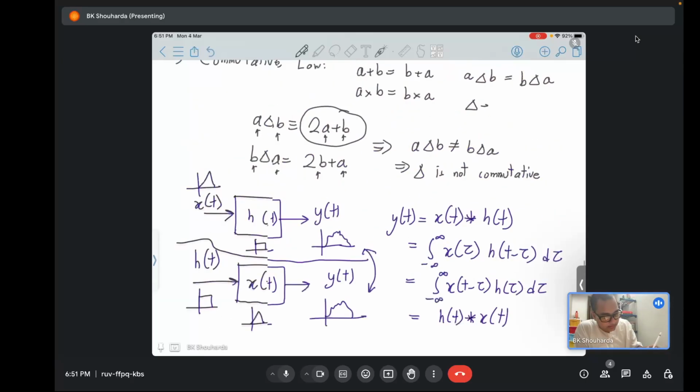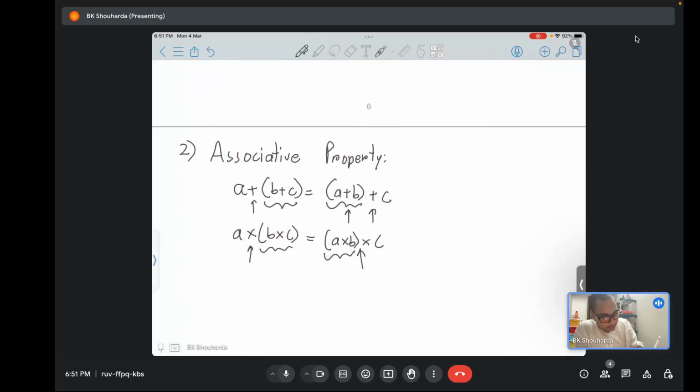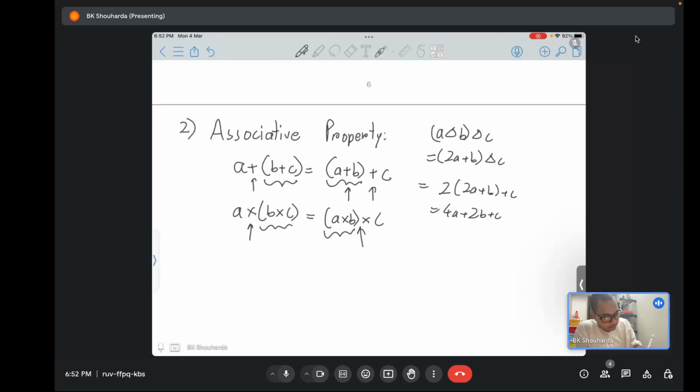And let's look at this delta. a delta b, then delta c. What is this? 2a plus b delta c. And what will this be? 2 into 2a plus b, plus c. That's 4a plus 2b plus c. And let's look at the other case, a delta b delta c.